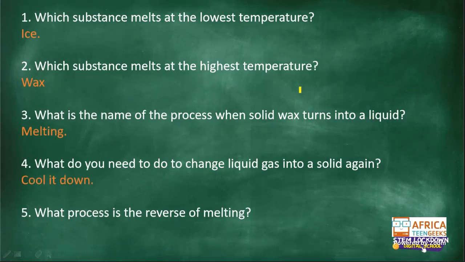What do you need to do to change a liquid into a solid again? You need to cool it down. If it cools down, it will turn back into a solid. And the process of the reverse of melting is solidifying. So that's the opposite. There are two opposites, melting and solidifying. Okay, you got it. Yes, wax was the highest temperature.